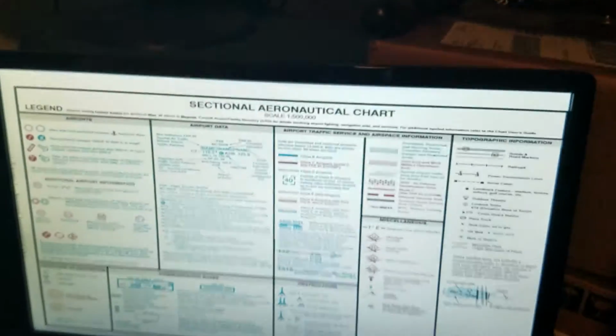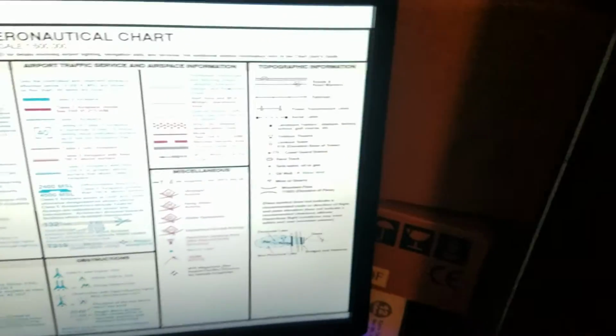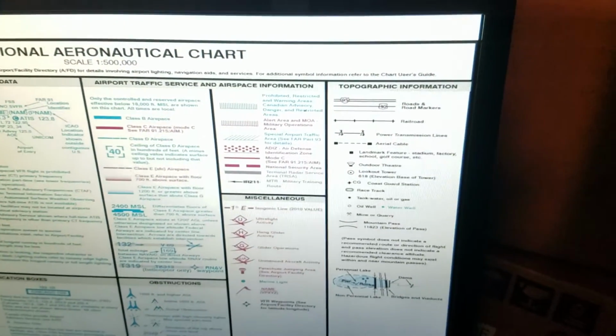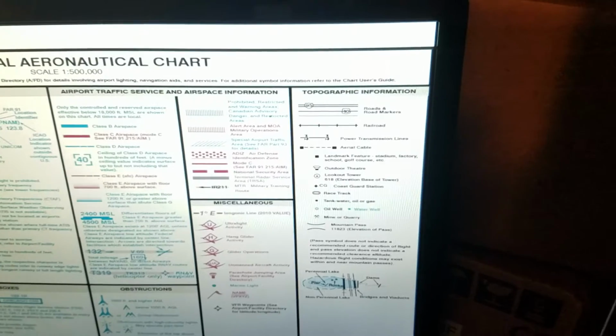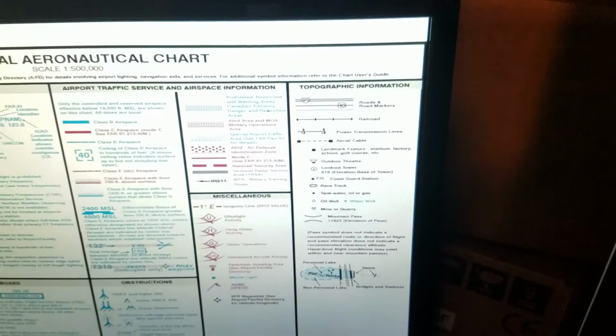It is very important to know that, because if there is any significant landmark that you can see from the air, that is marked over there. So that is definitely one question. Please note that very carefully.